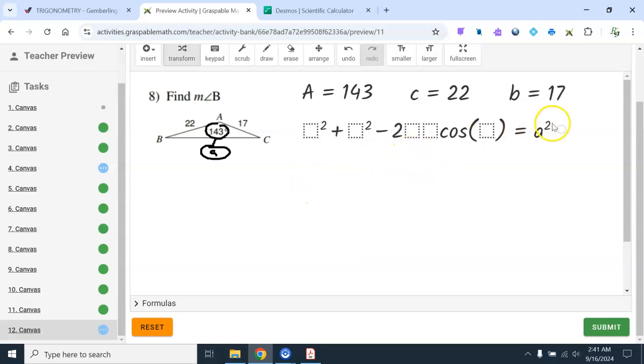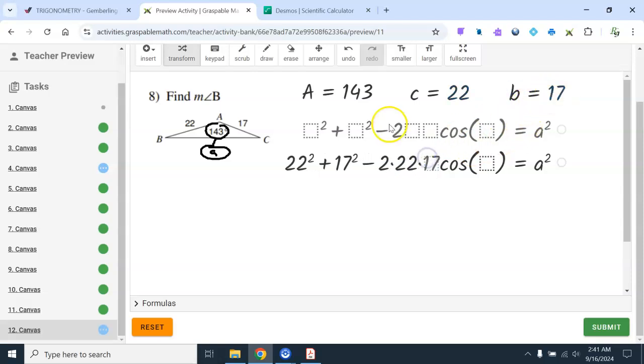Alright, since we're finding side A, that means 143 degrees go here, so these have to be opposites. So 22 squared plus 17 squared minus 2 times 22 times 17 times the cosine of 143 equals A squared.